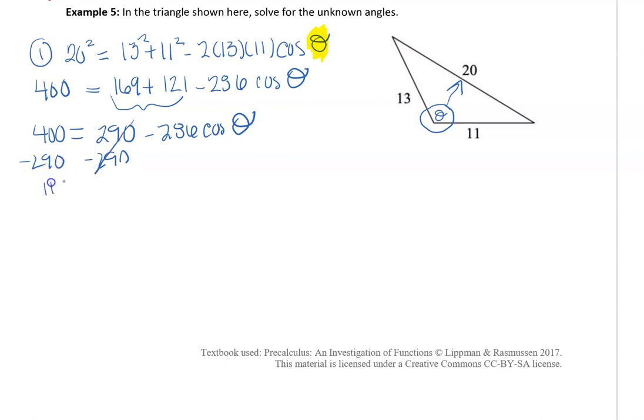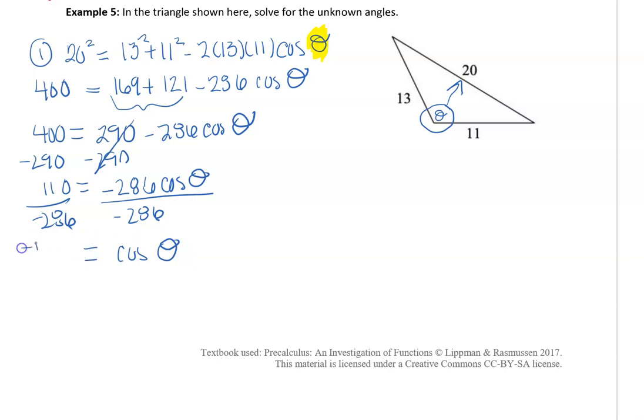That gives me a value of negative 110 equal to negative 286 cosine of theta. I'm going to divide by negative 286. So I have cosine of theta equal to this fraction. And then just like we did in the previous ones, I'm going to arc cosine both sides to get rid of that cosine.